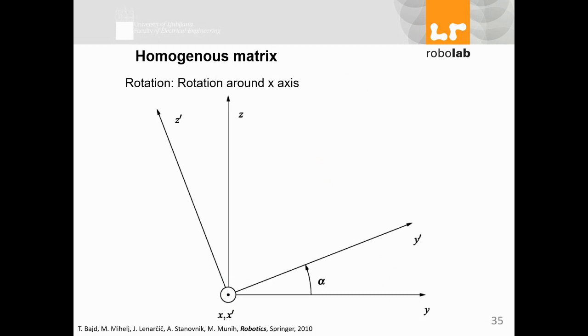Look. Imagine you have your axis rotated around x. What you see here is we are standing on the x-axis and we are looking down the x-axis. So we see y and z in a plane. So we are standing on top of the x-axis and looking down here to see the y and z axes.